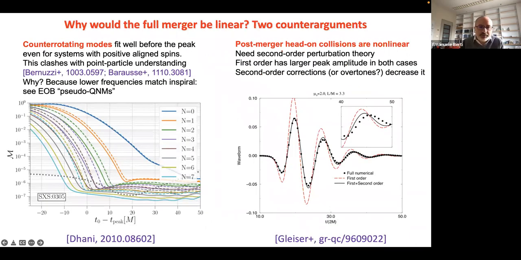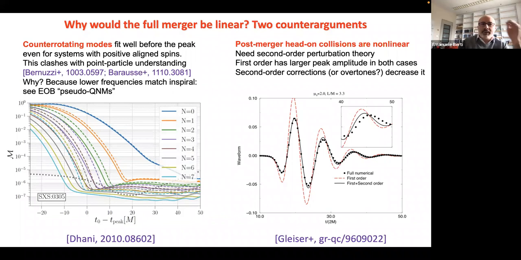So let me give you a couple of physical arguments why I think this cannot be correct. The first is that other people have tried to play a similar game by adding what are called the counter-rotating modes. There is a symmetry in the quasi-normal mode spectrum where you can take positive frequency modes and negative frequency modes, and they are symmetric under a certain symmetry.